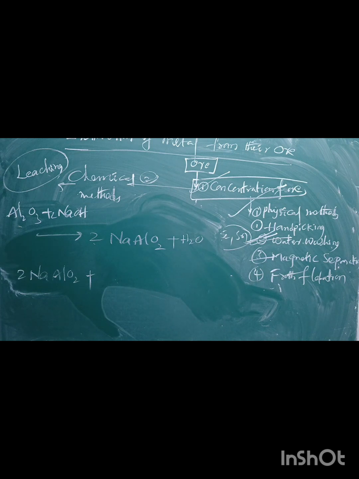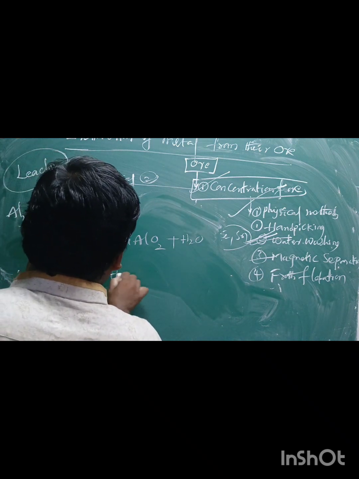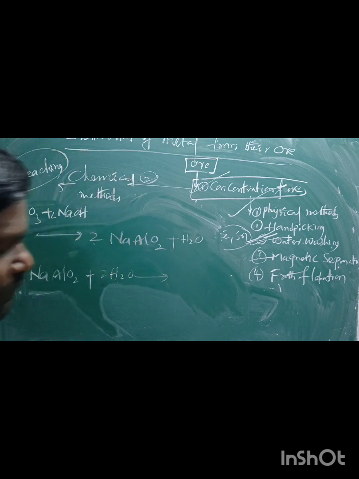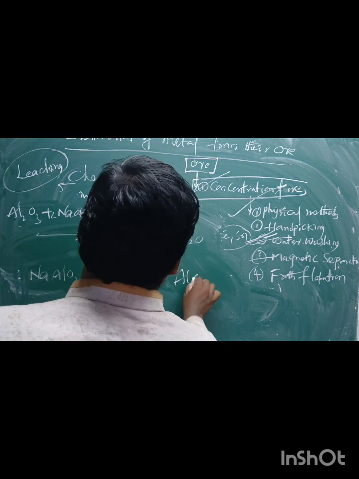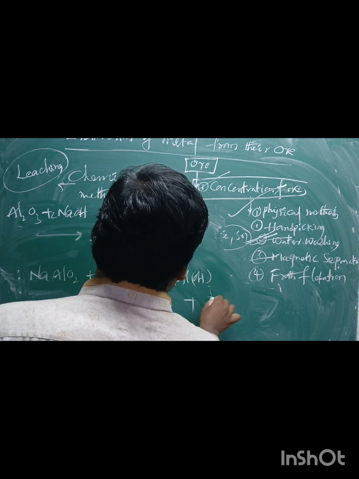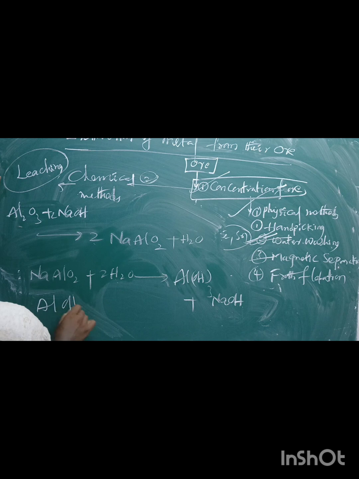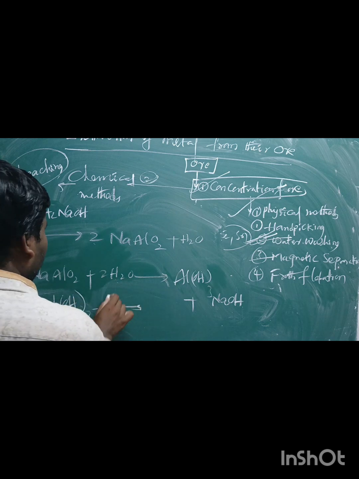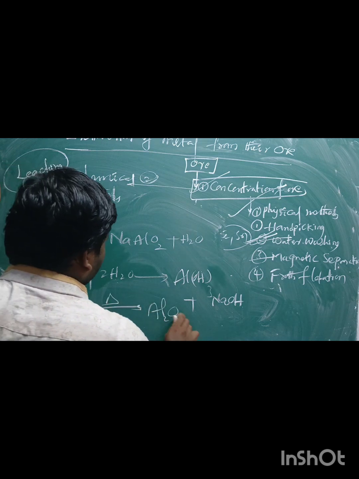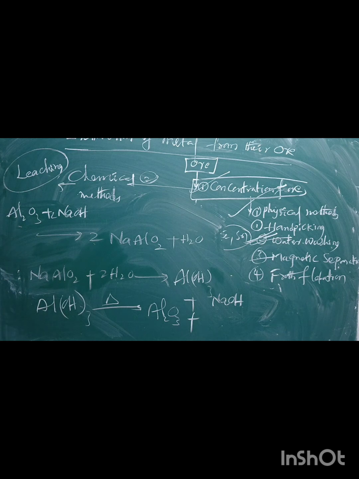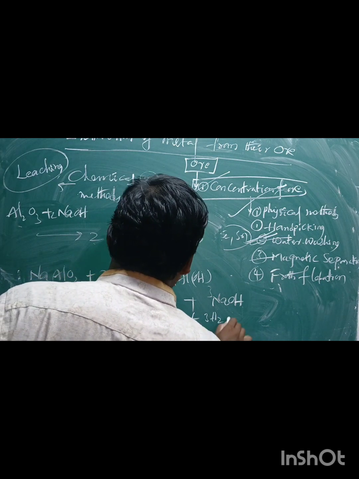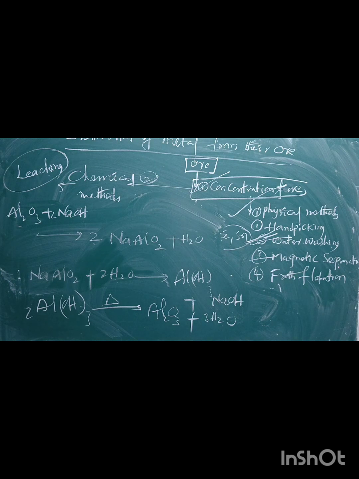Sodium aluminate undergoes hydrolysis with water molecules to form aluminum hydroxide and also sodium hydroxide. Again aluminum hydroxide on heating forms alumina as well as water. Okay, it is a leaching process.